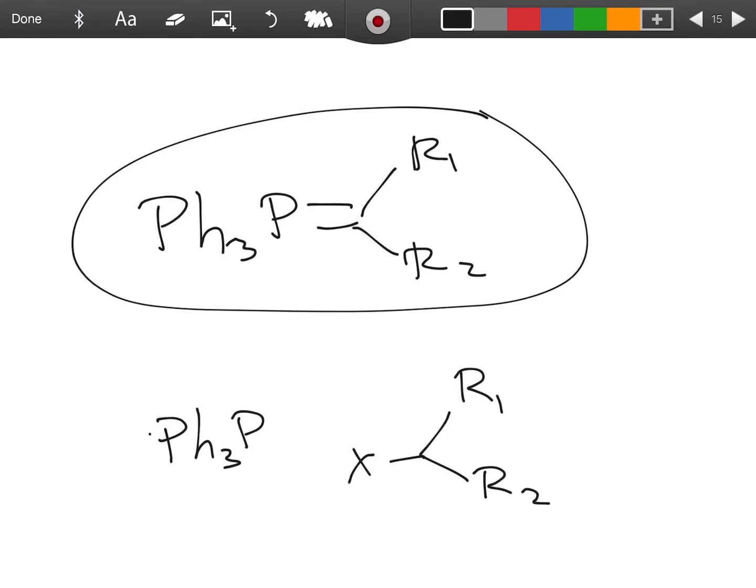So this cleaves this double bond and makes an aldehyde. And there's a minute left, and I want to go over the mechanism of the Corey-Fuchs reaction, which is this guy right here, which is a Wittig reaction followed by a lithium-halogen exchange. So we will save that for next time.